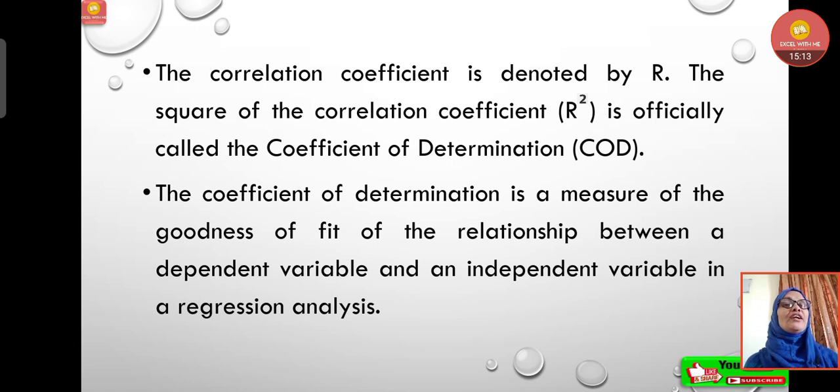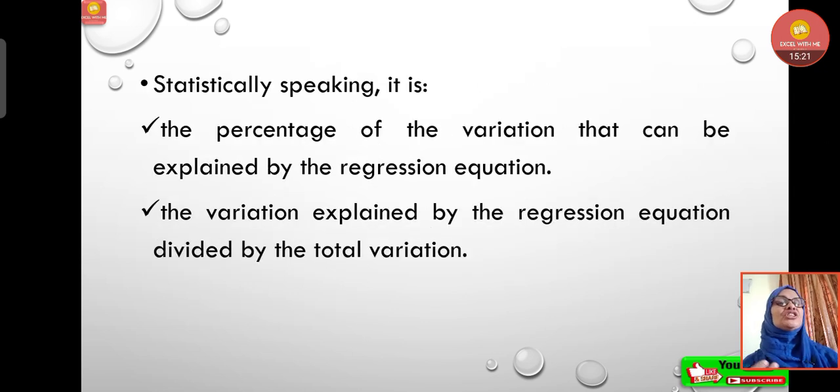The coefficient of determination is a measure of the goodness of fit of the relationship between a dependent variable and an independent variable in a regression analysis.